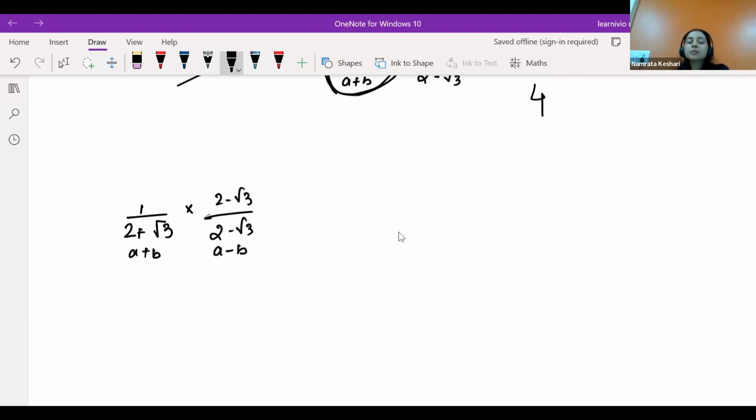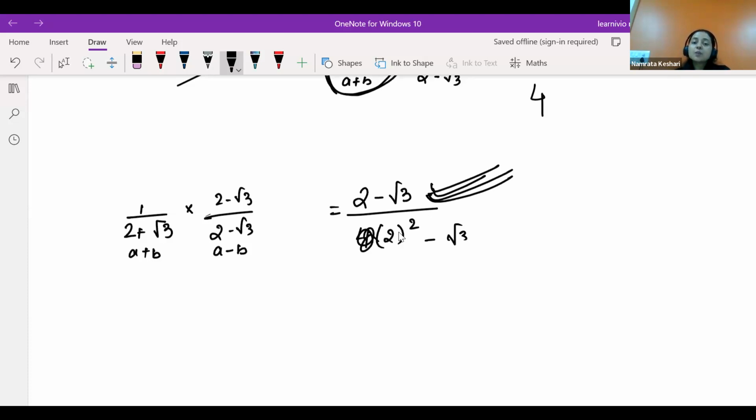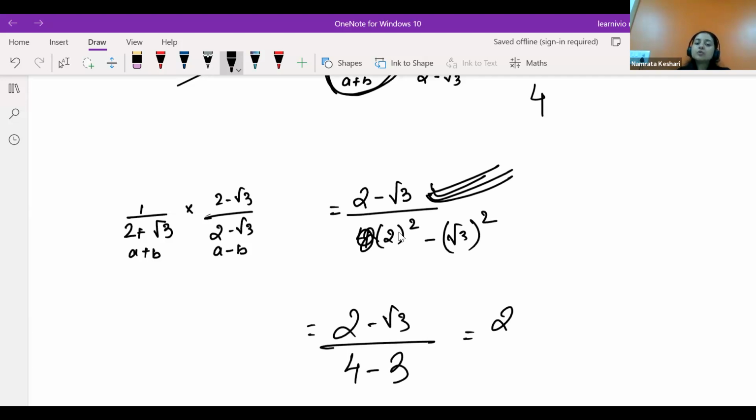Since we multiply in the denominator, we must multiply the same thing in the numerator also. Root is allowed in the numerator; we just try to remove it from the denominator. So the denominator is a square minus b square, which will be 2 minus root 3 over 4 minus 3, which will be 2 minus root 3 over just 1.